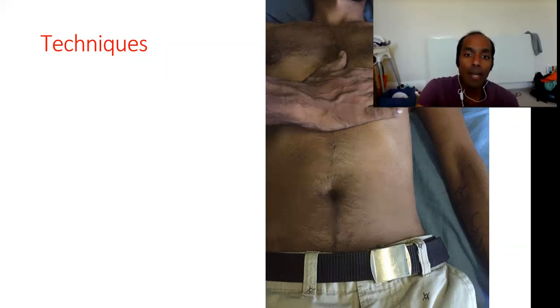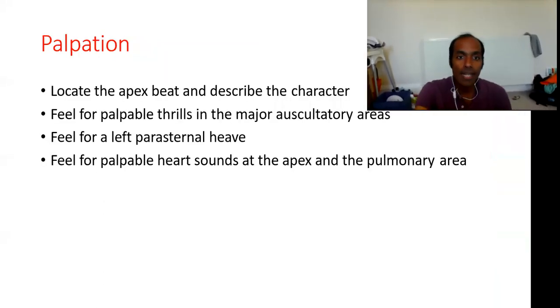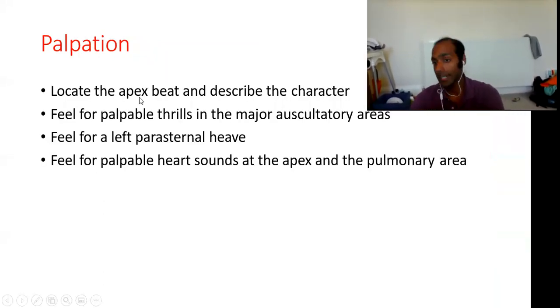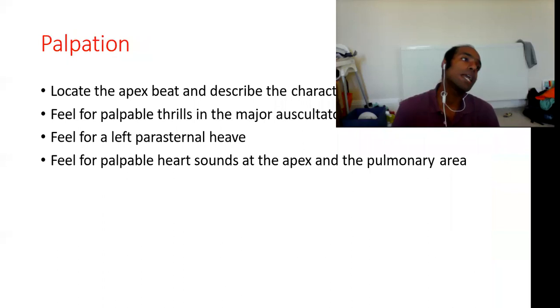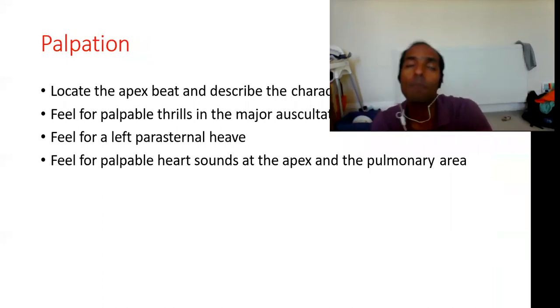Okay. So going back to the principles then of palpation, locate the apex beat, describe the character. Character would be normal, tapping apex, thrusting apex, which is a forceful but non-sustained apical impulse, which is usually displaced.